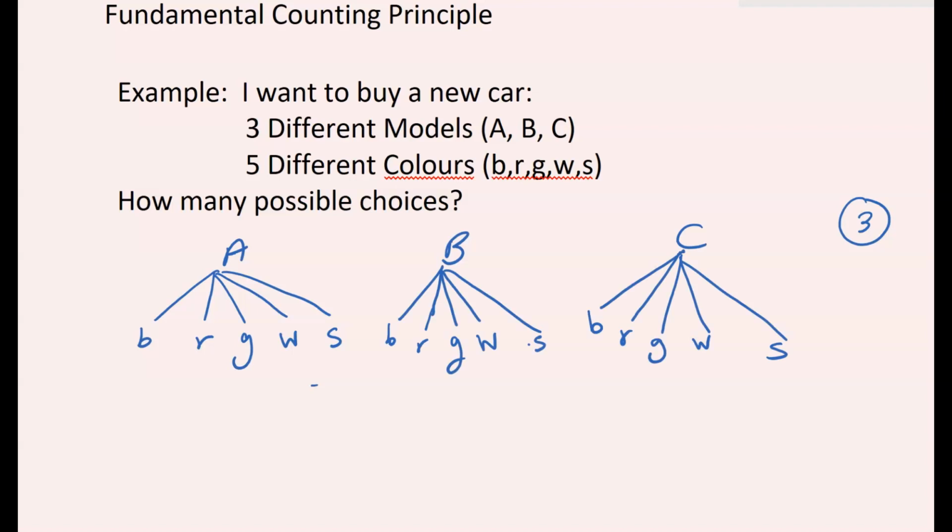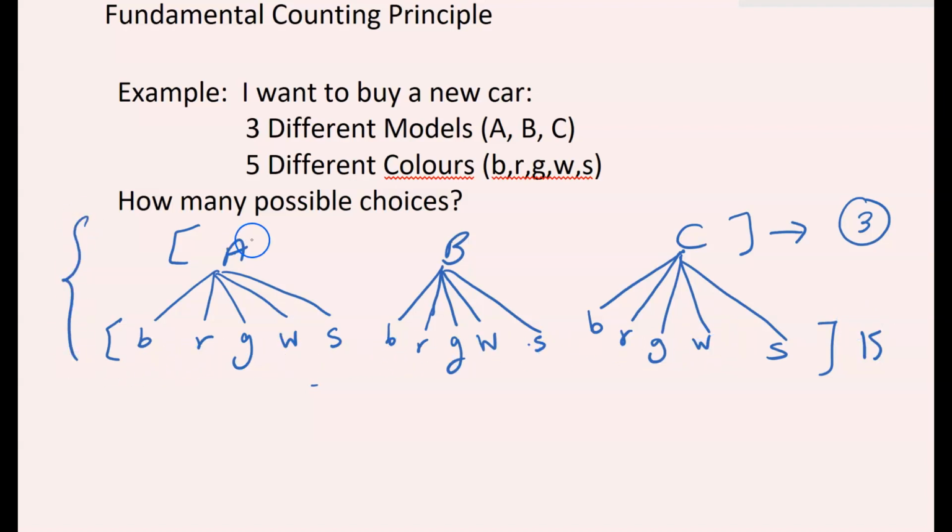So we got the top piece right here, we had 3 different options. The bottom piece that we have in here, we have a total of 15. At the end, we have a total of 15. And that means that together we have 15 different options.